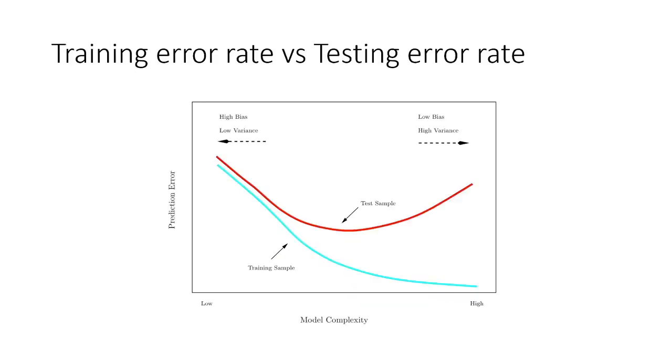Now I want to talk about model flexibility or model complexity and its relation with the prediction error, and how we find the optimal level of model complexity when we look at the training error rate versus the testing error rate. You build the model based on the training data sets.